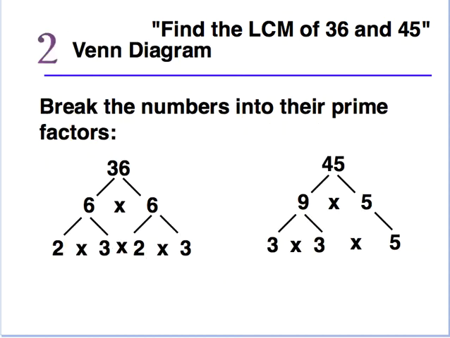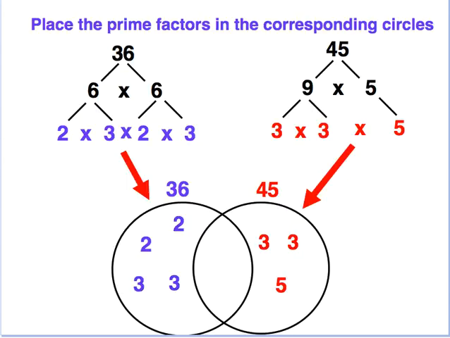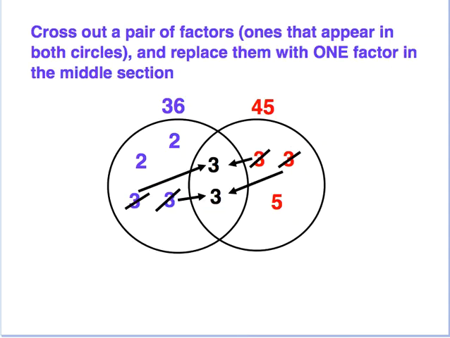The second thing that you could do is break them down just how we did before into their prime factors. And if they had any common ones, we could throw them into a Venn diagram. With the Venn diagram, we would note where numbers are in common and put them in the common area.